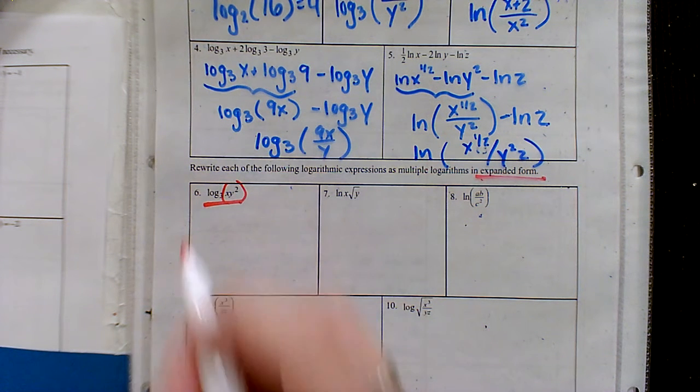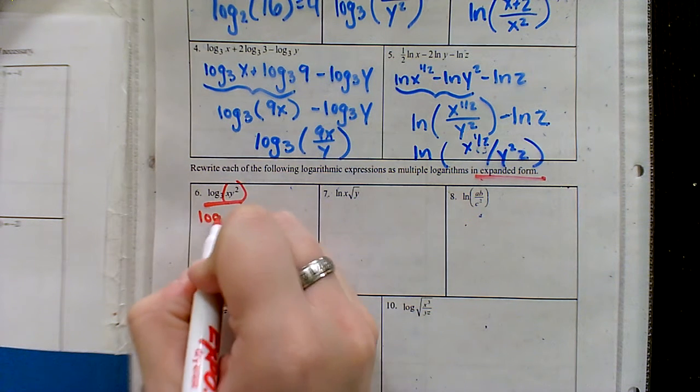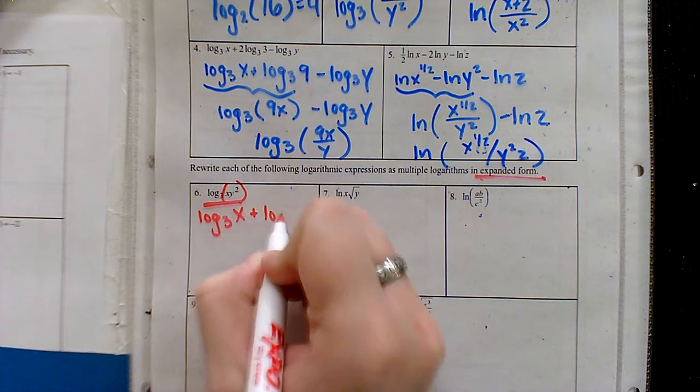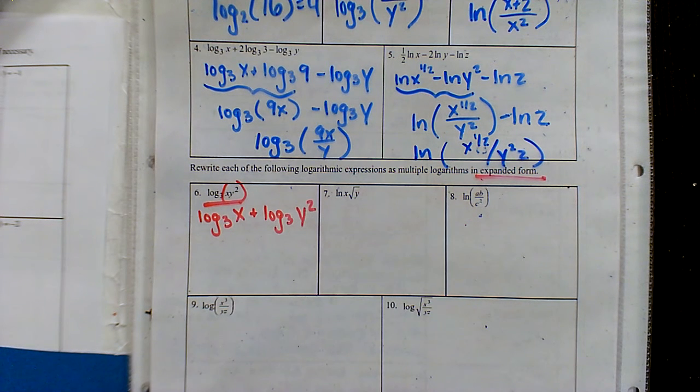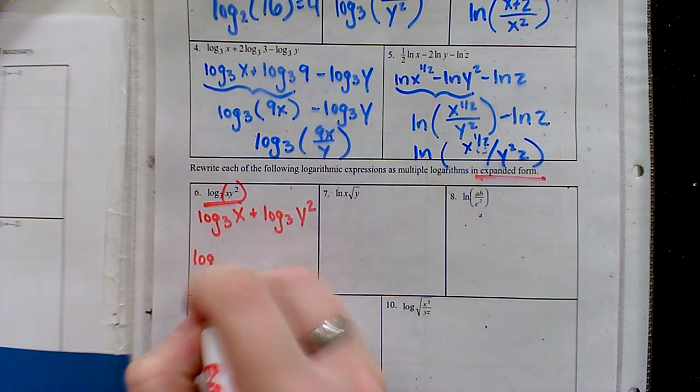Yeah. Add the arguments in individual logs. So we could expand it as log base 3 of x plus log base 3 of y squared. We could use another property. Yep, we can move that 2 out front of its log.